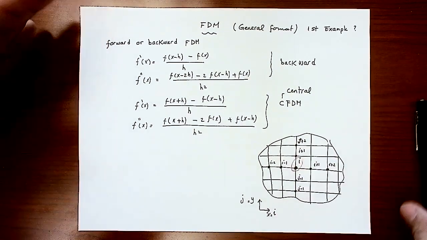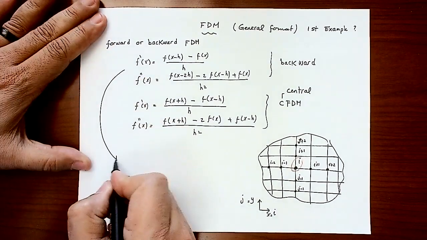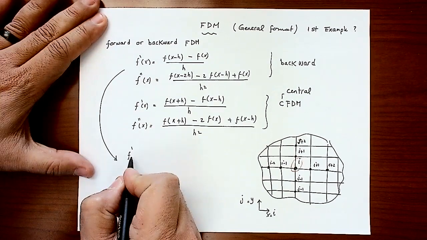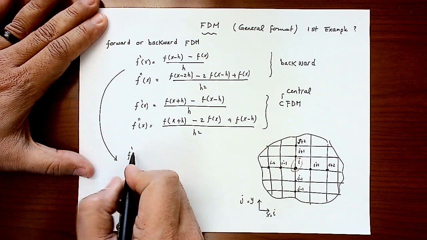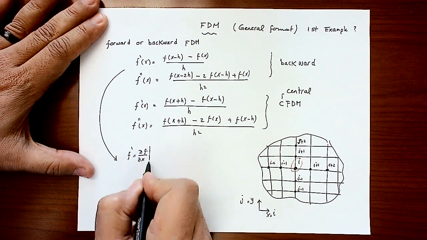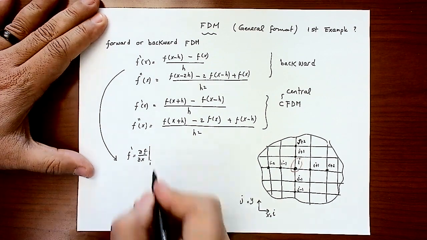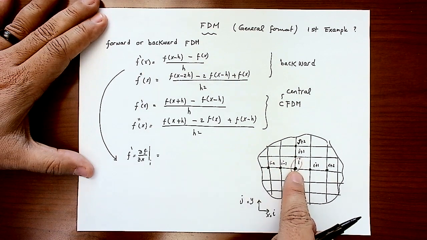So if I'm applying, for example, the forward method, f prime at point I, the derivative at point I, right? That's partial f by partial x at node I, which should equal f of x minus h, right? Which is this one.